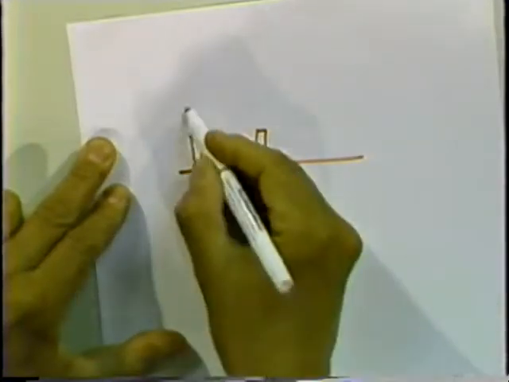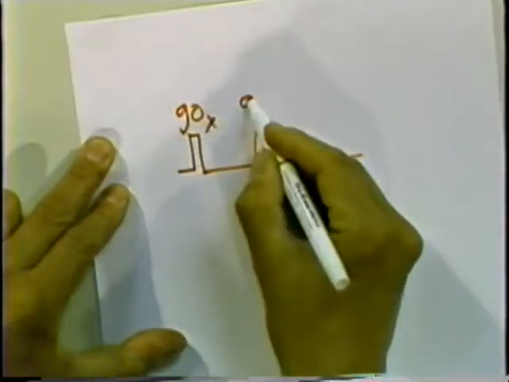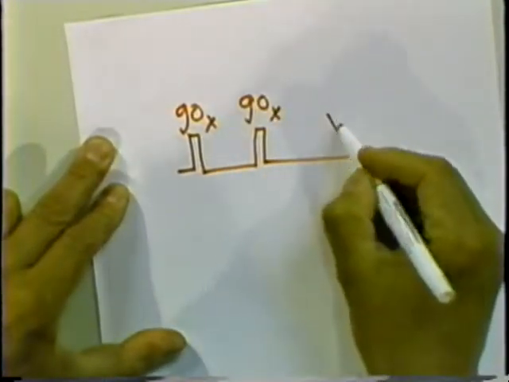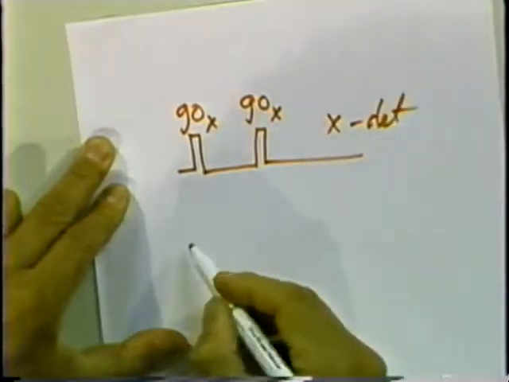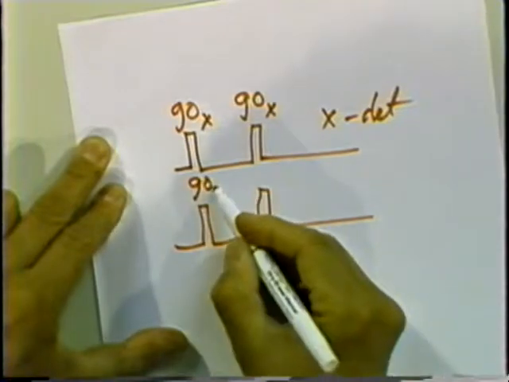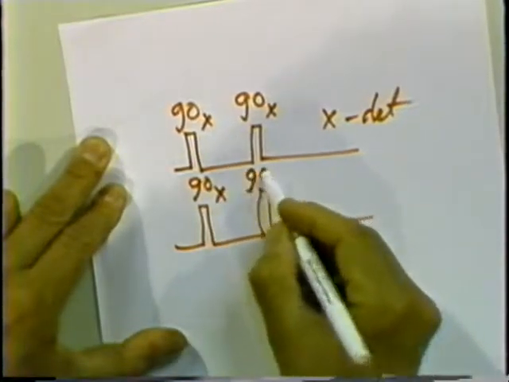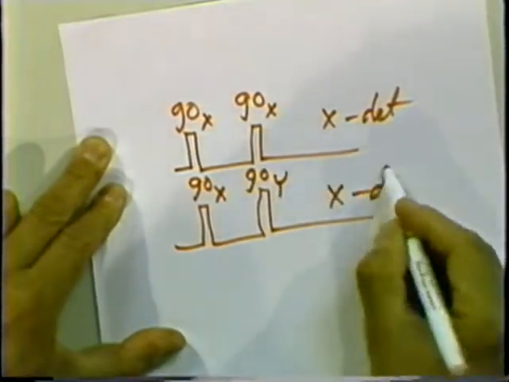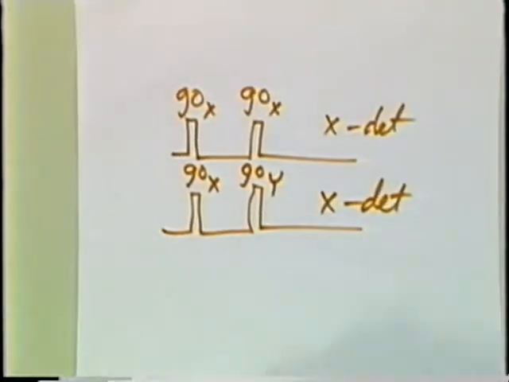Okay. A very simple experiment will be something like this. That would give complex time domain data in the T1 domain.